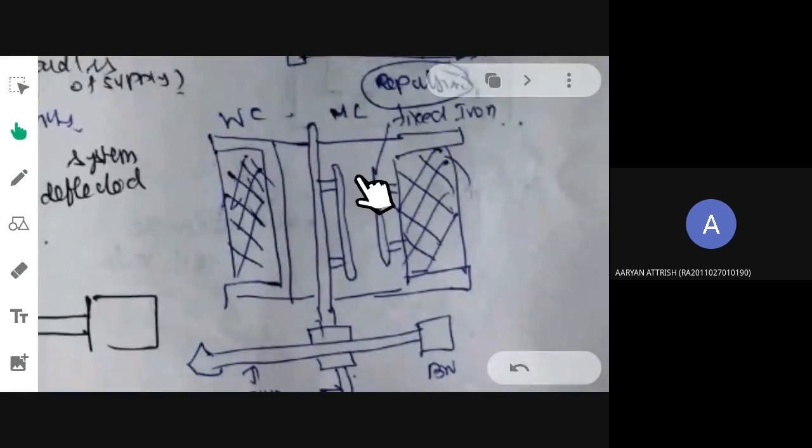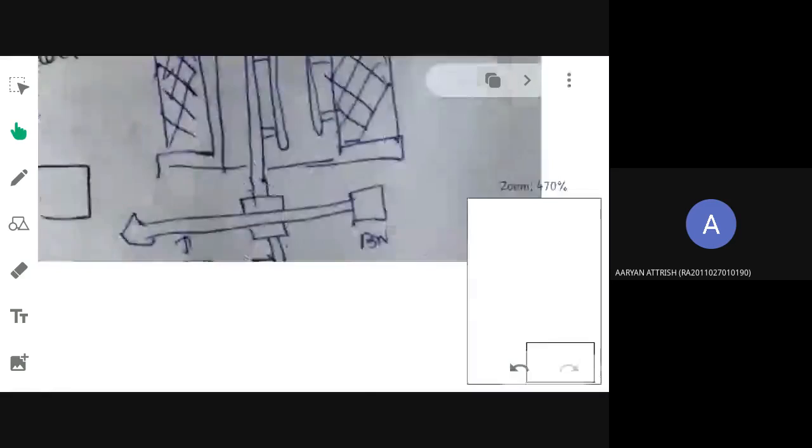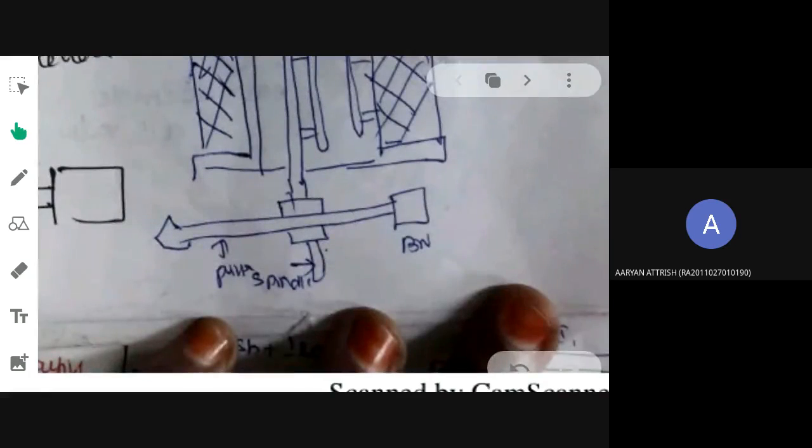So it will set up the magnetic field in which these two iron pieces are placed. They will be polarized to either north polarity or south polarity, the same polarity. Because of this, the movable iron piece will deflect in its position, it will get repelled. That iron piece is connected to the pointer and needle arrangement which is moving on a scale.